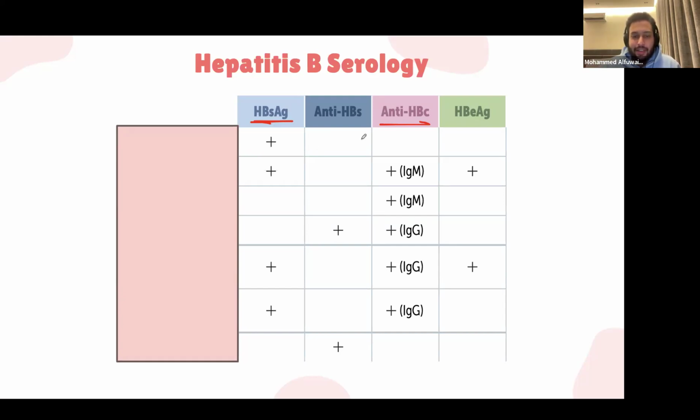Now, the ones that you will get tested on are these next few. This first one, his surface antigen is elevated with IgM core antibody. What does he have? Acute infection, excellent.